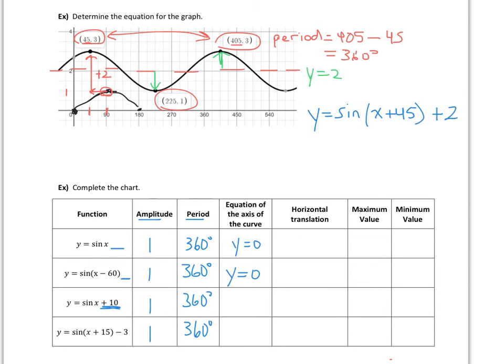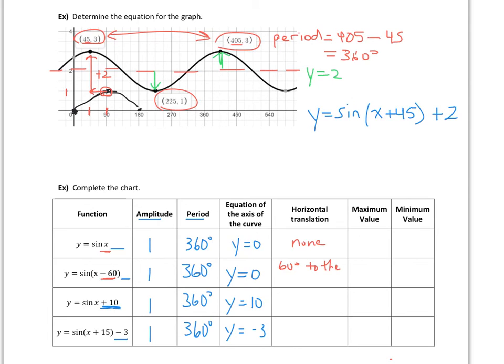However, I've got a plus 10 on this one. That means my axis of the curve would be at positive 10. And I've got a minus 3 on this one. It means my axis of the curve is at minus 3. Now let's back up and look at horizontal translations. Of course, sine x has nothing added or subtracted to it, so there's no horizontal translation there. But my second one has a minus 60, so that's moved 60 degrees to the right.